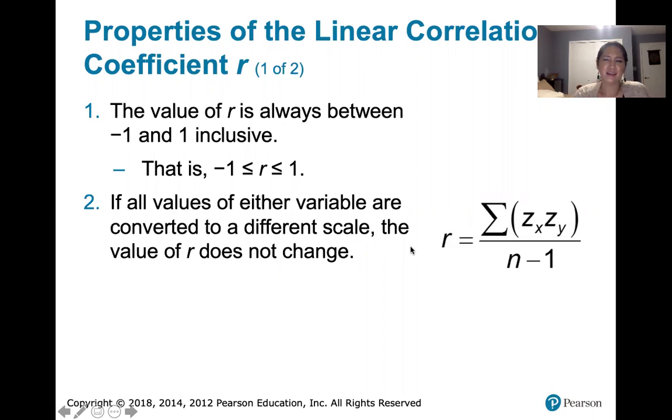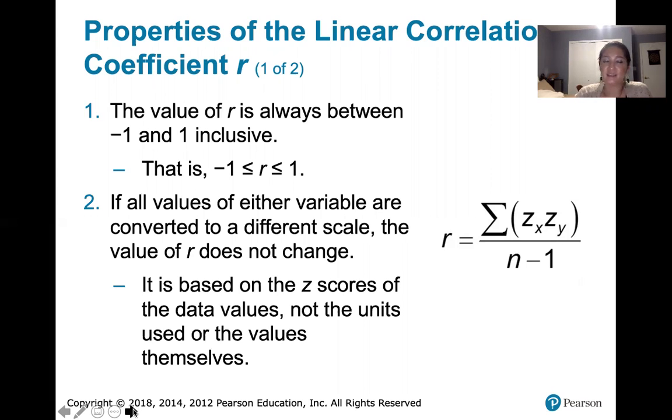Changing the scale shouldn't change the value of R, because changing the scale won't actually change the number of standard deviations that particular X value or Y value is above or below the mean. So the z-scores are going to remain constant even as we change to different scales. So you can change either variable to a different scale and your correlation coefficient will not change.